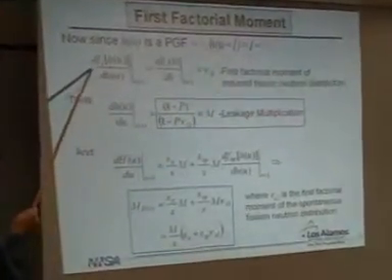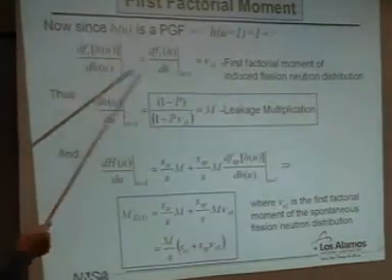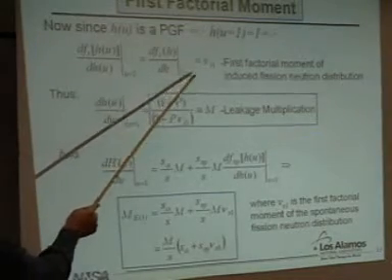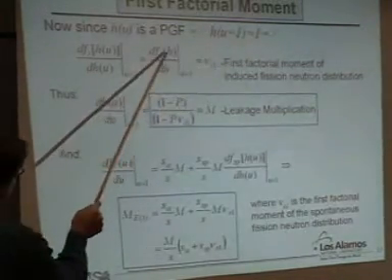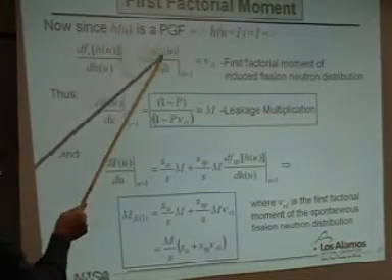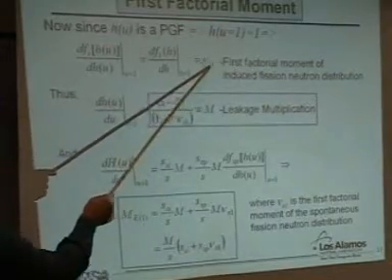So what I could do is a substitution of variables and say, instead of saying h of u, I'm just going to call this h, and instead of saying u equal to 1, I'm going to say h equal to 1. So basically this is the first factorial moment of the number of neutrons that are produced due to induced fission. Well, I'm just going to call that nu I1.